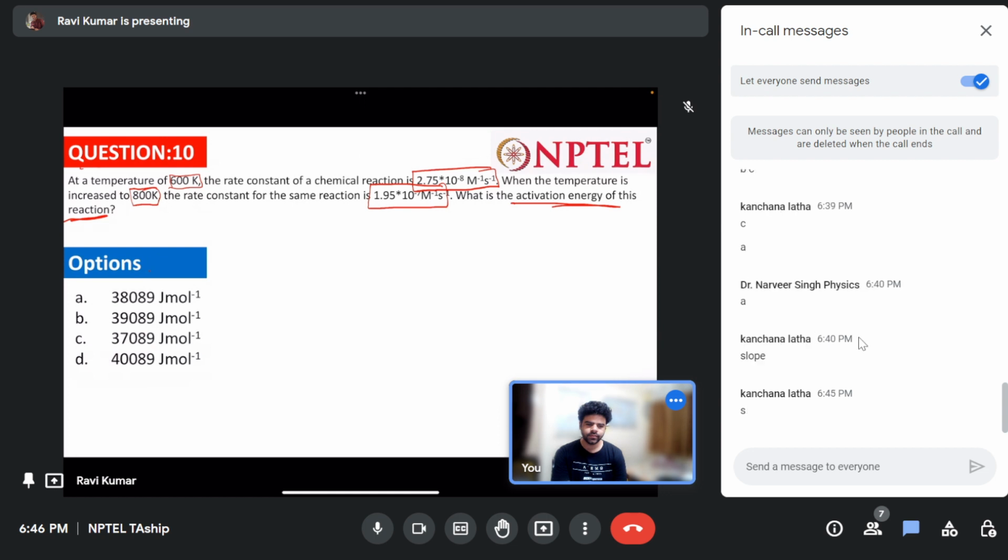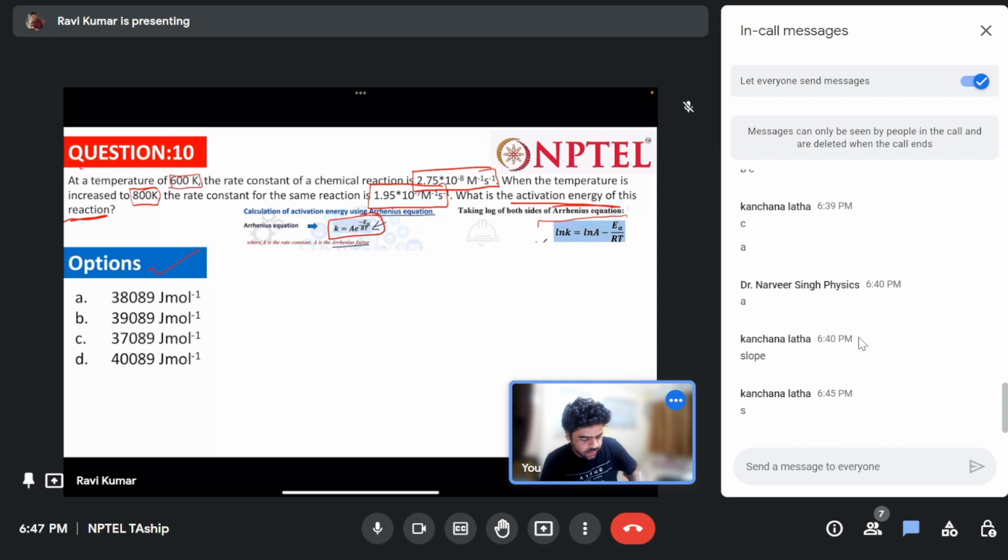Yes, okay. See, this is the Arrhenius equation. Just take log both sides. So this equation we have here. K is the rate constant, and EA is the activation energy.